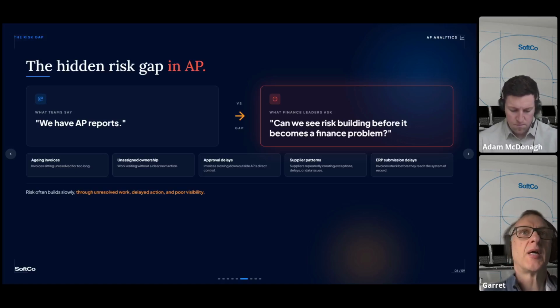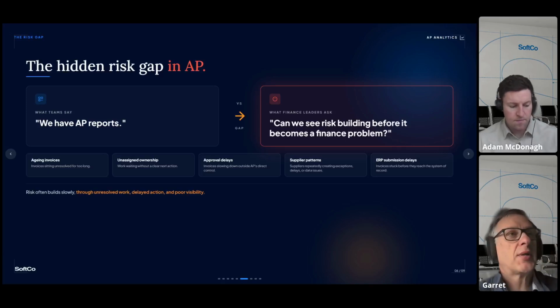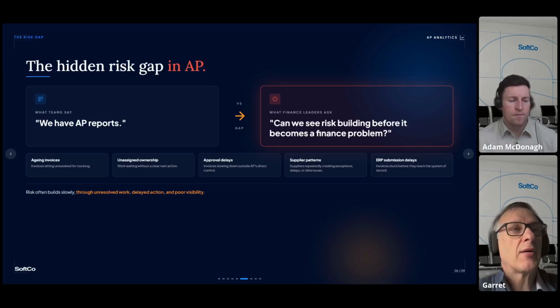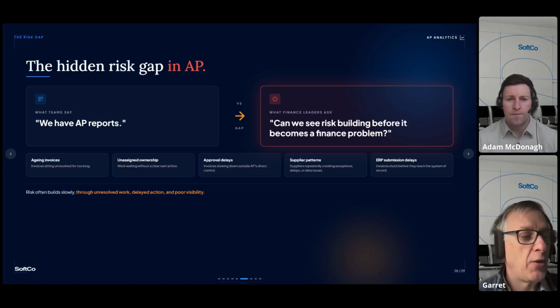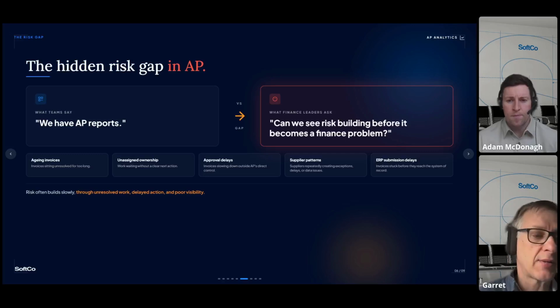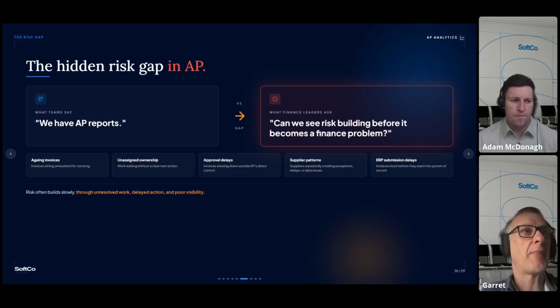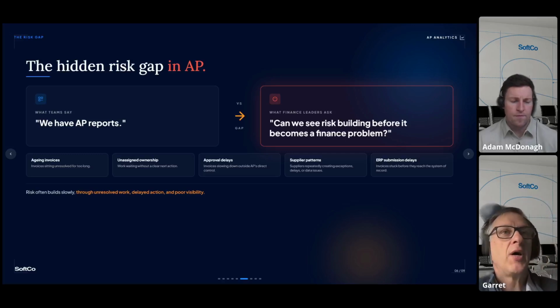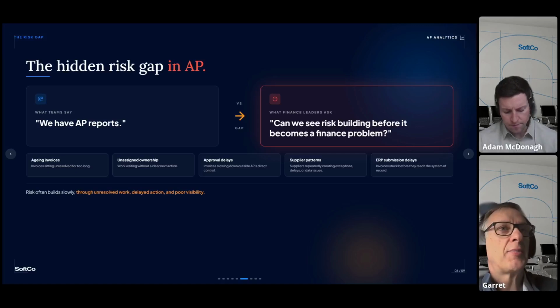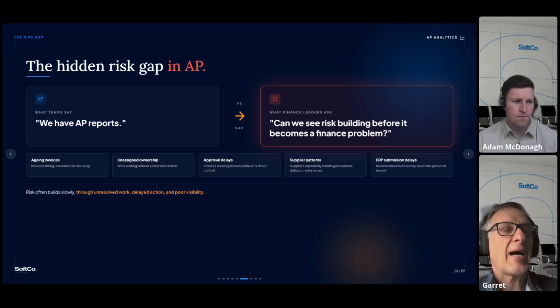They're not able to see, okay, the reason we're spending so much time on exception invoices is because it boils down to these 5 suppliers, which we're having to spend an inordinate amount of time fixing problems for, which means that we're starting to fall behind on paying those invoices, and that in turn is making us fall behind on processing other vendors' invoices. So it's back into that spiral of trying to play catch up all the time and never being able to put your finger on the exact root causes.